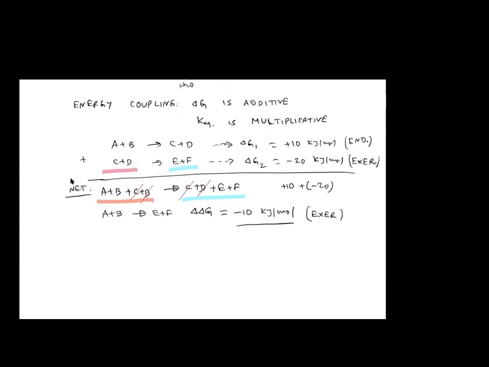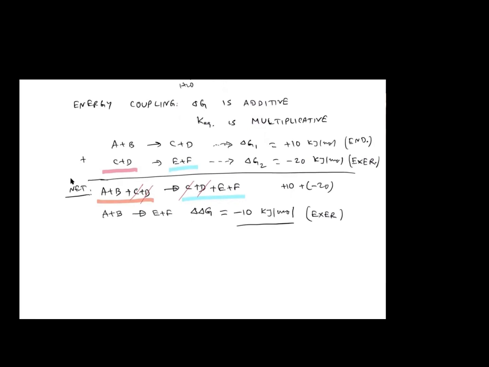Now, one thing to keep in mind is that if you flip the sign, okay, if you flip the sign, then for example, what is given here, A plus B going to C plus D, is delta G1, which is plus 10.